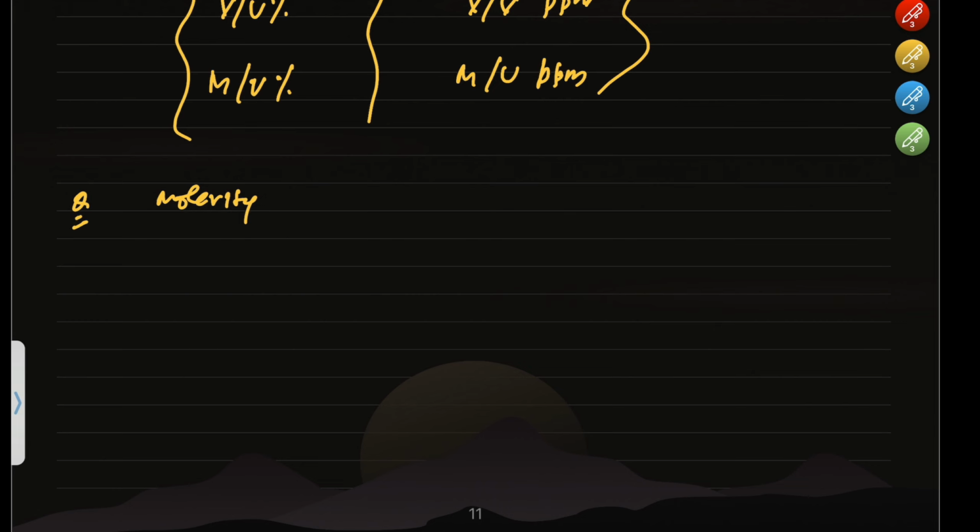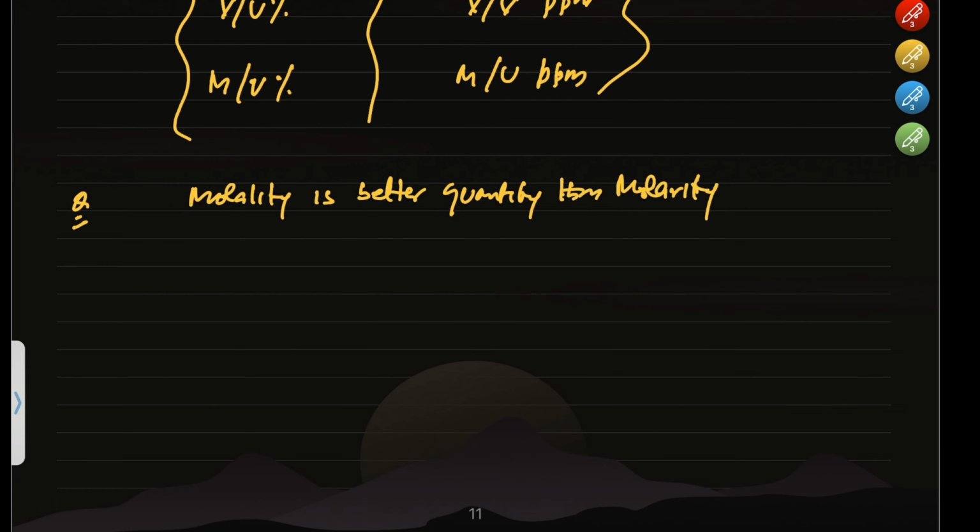Molality is a better quantity than molarity, because volume is directly proportional to temperature.